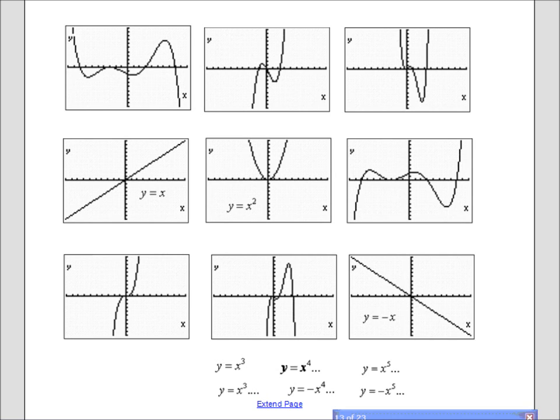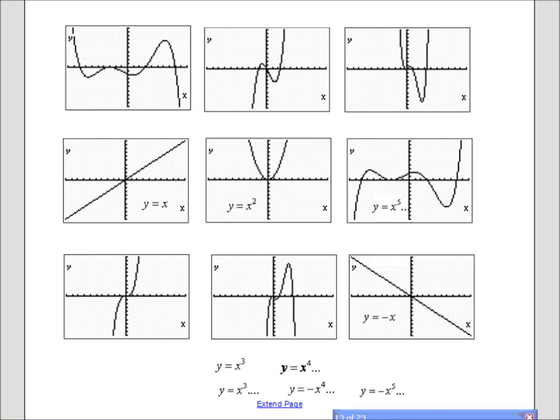Now it's starting to get a little tricky. Let's look at this one right here. It's a fifth degree, so that means the end behavior is going to be opposite. One end is going to go down, and one end is going to go up. The leading coefficient is positive, so it's going to once again be like the y equals x. It's going to start down and end up. And the last thing we know is that it's going to have 4 turning points and as many as 5 zeros.